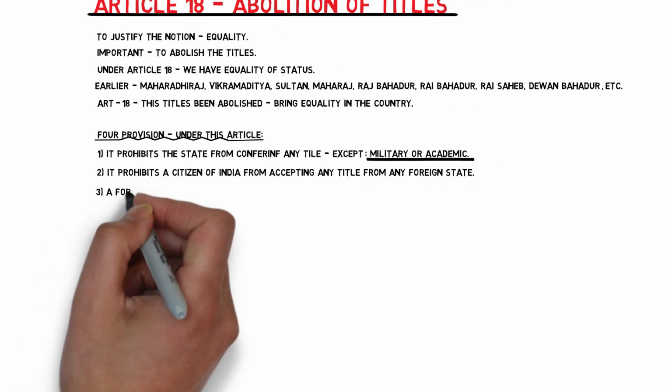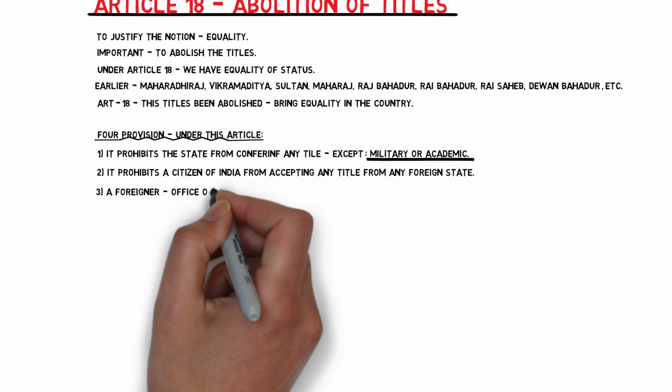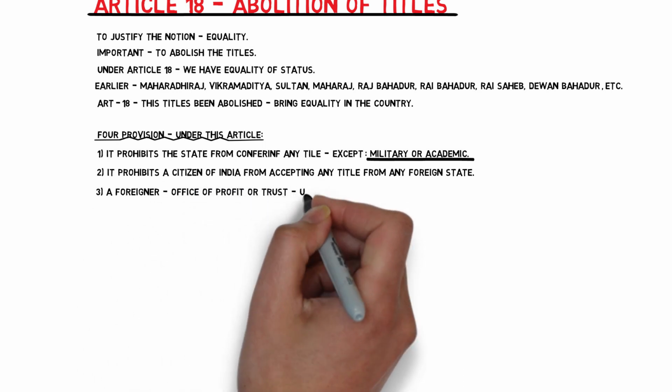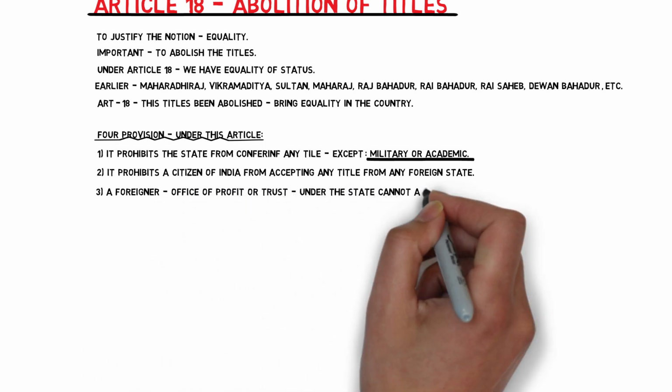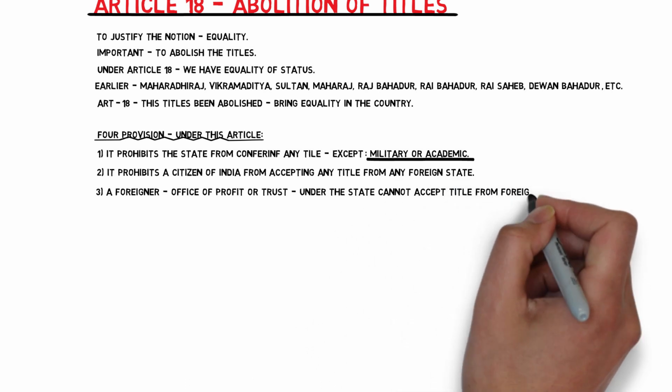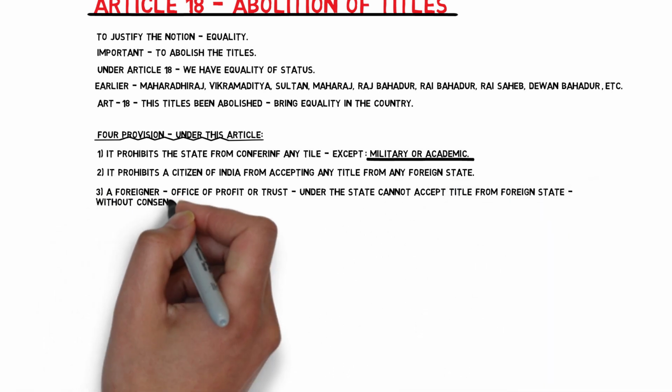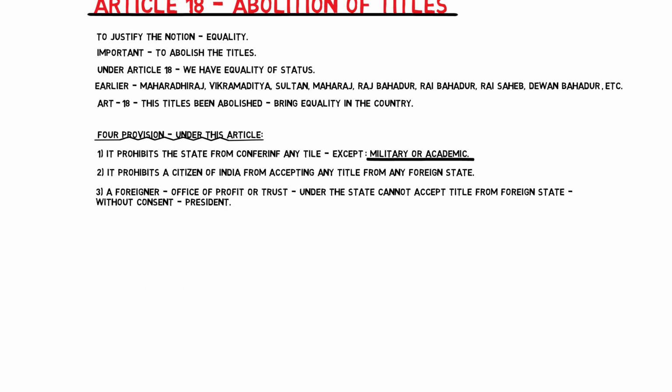Well, the third provision is this: a foreigner holding any office of profit or trust under the state cannot accept any title from any foreign state without the consent of the President. Any foreigner who is holding an office of profit in India and has been given a title by any other foreign state cannot accept the title unless he takes permission from the government of India.